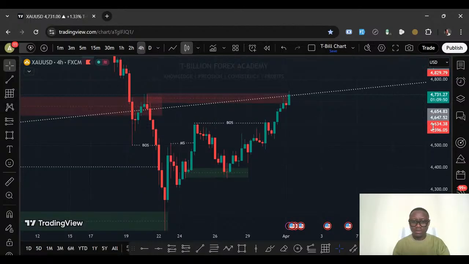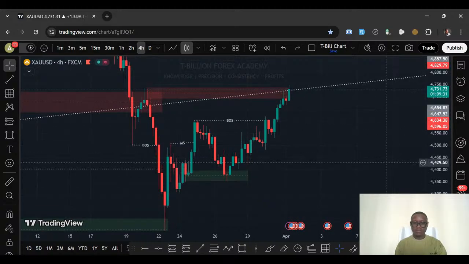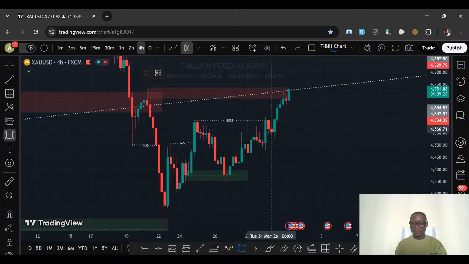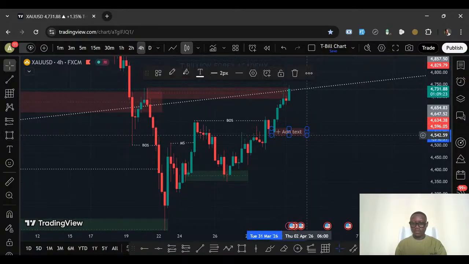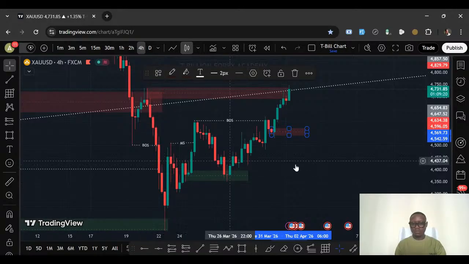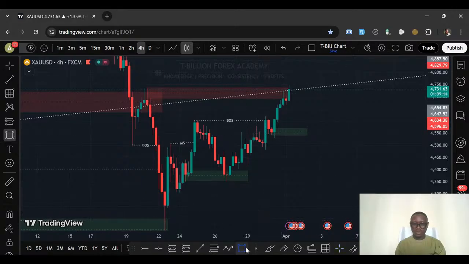All right, so we have this break of structure right here. And we have this order block right here. And we've got this breaker block right here.